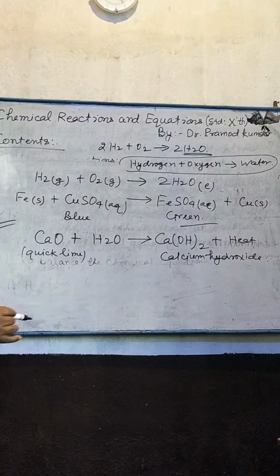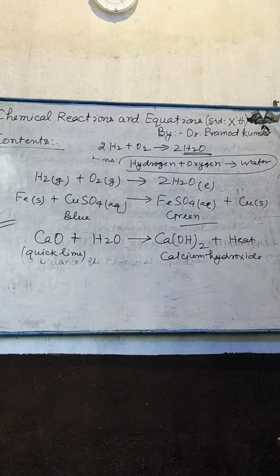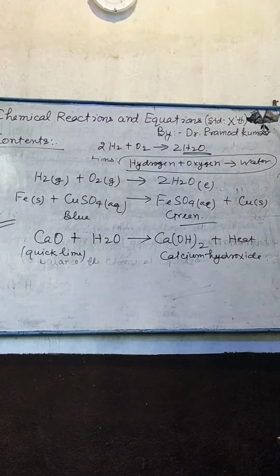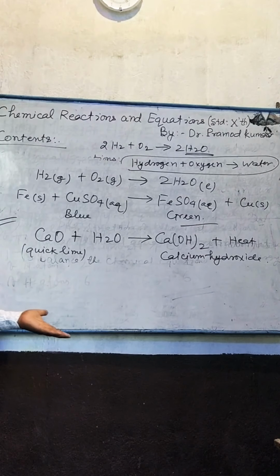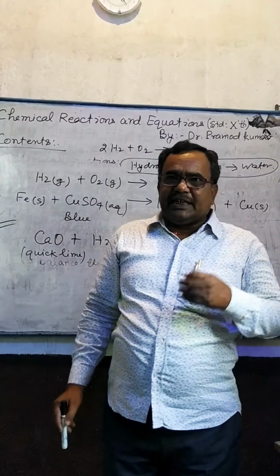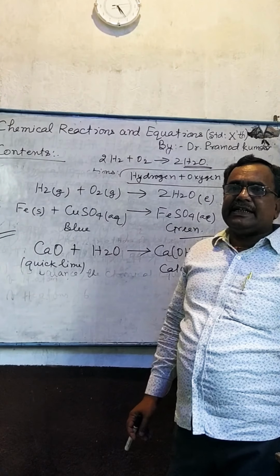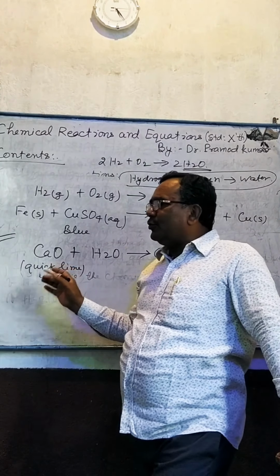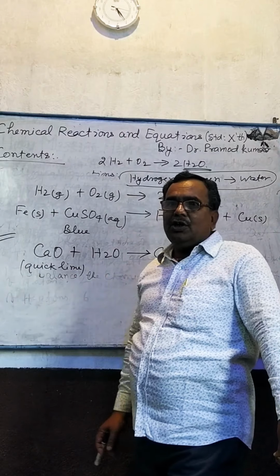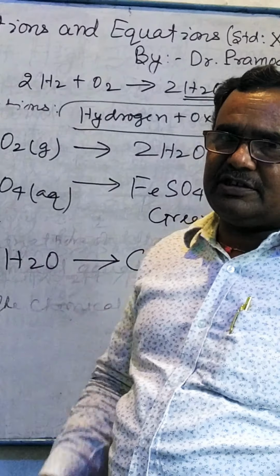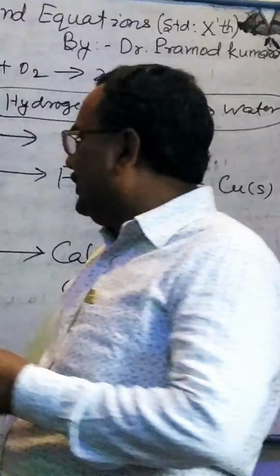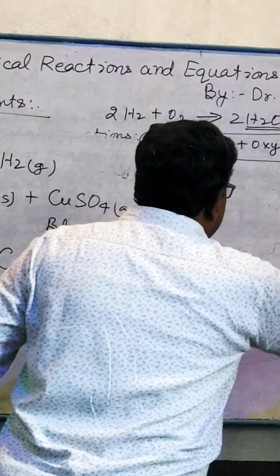Now we have to consider the evolution of a gas. In many chemical reactions, a gas is evolved, such as when reactive metals react with a dilute acid to form hydrogen gas as well as salts. For example, zinc reacts with dilute sulfuric acid.